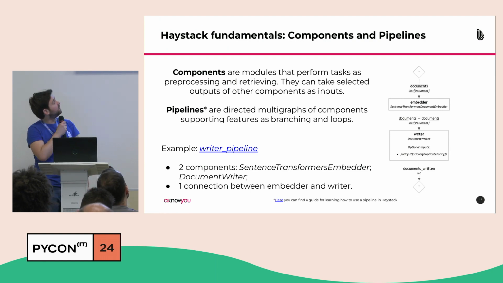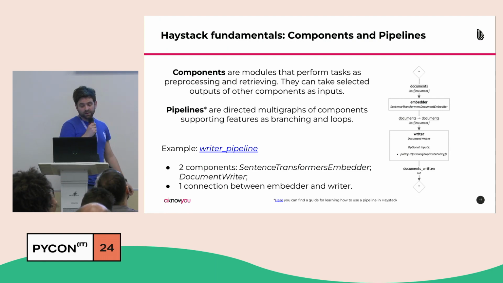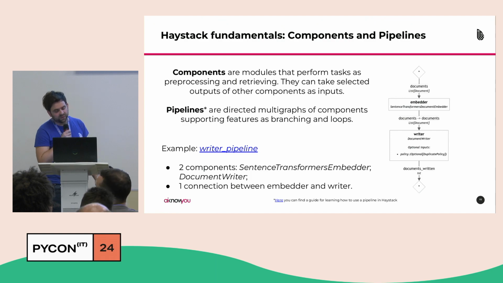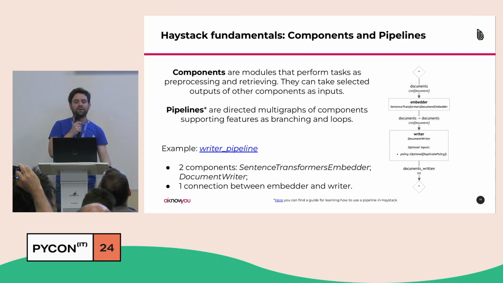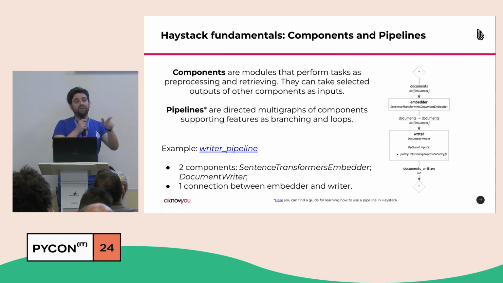Yeah, the fundamental building blocks are those ones. Components are basically modules that perform a single task: the preprocessing, the retrieving, the conversion of files. They can take the outputs of other components since each component has a run method. So it is really easy to put them together in a pipeline, which is a directed multigraph.